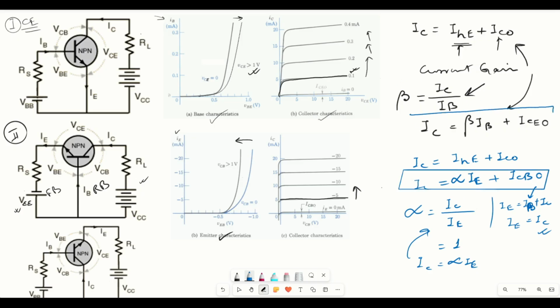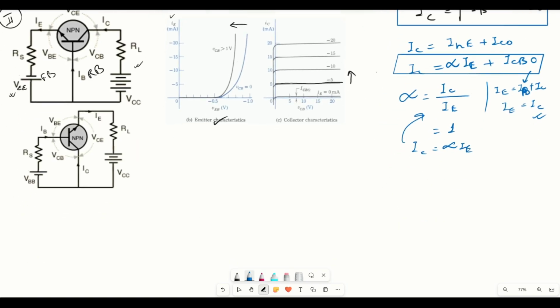And this is the current equation of common emitter. Similarly, you determine the current component for the common collector, as you have to determine the responses and the value of the current. So I am giving you a hint. You try to identify this.